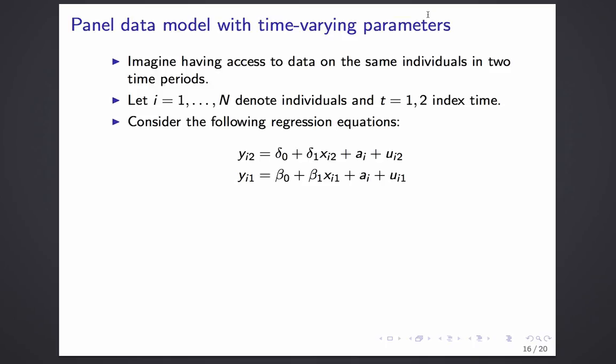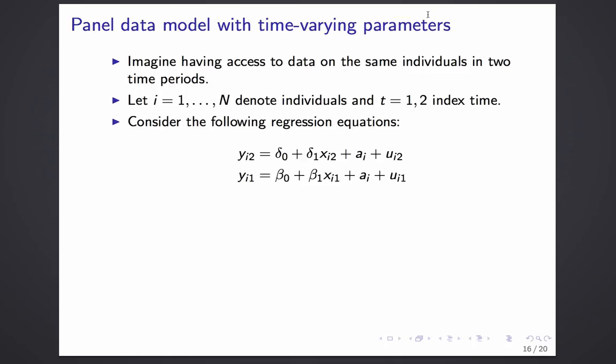Then on the right-hand side of the equation, we have one regressor, x_i2, meaning we have observations on our explanatory variable in period 2. Now, the second period model has delta naught and delta 1 as the unknown parameters. Besides that, we have our usual error structure for a simple panel data regression model.